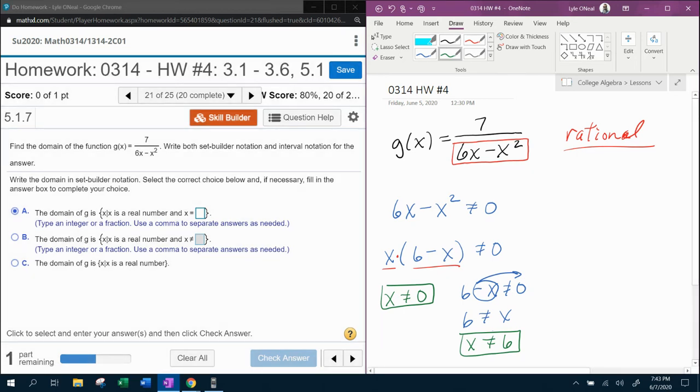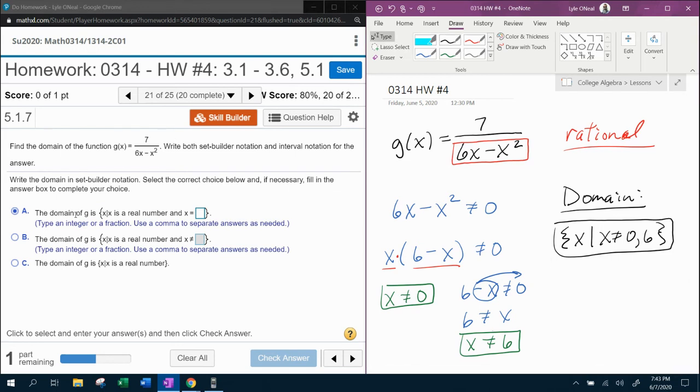So if we want to write that in set notation, we would say, let's make some good notes here, the domain is the set of all x such that x cannot be 0 and 6. Okay, this is the way the answer would look in set notation.